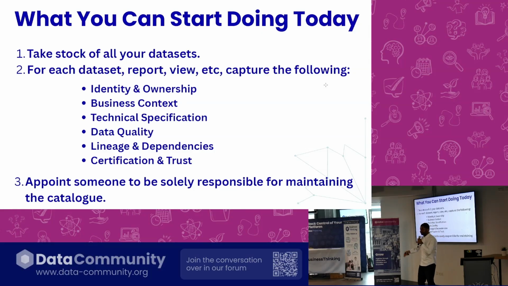Because it's one thing to solve that issue, but it's another thing to understand why it is reoccurring every time. Then you could go back to where that issue is coming from and just change it or stop it from happening in the future. Now you want to also have trust and certification for your data.